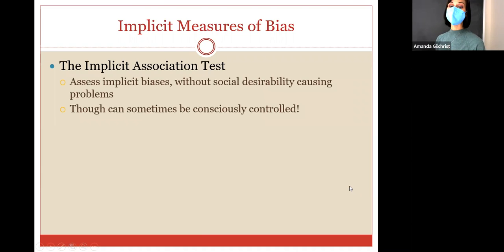Now, I am going to mention one of the things that you can look at to learn more about your implicit biases, which is Project Implicit at Harvard. Now, I think it's really important to know that the replication of the implicit association test is a little iffy.